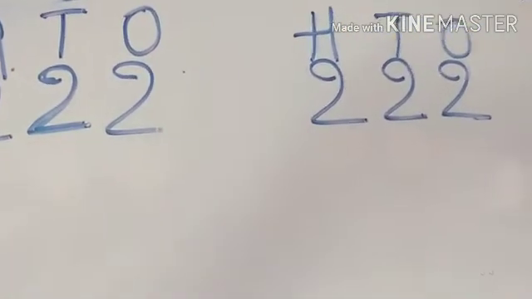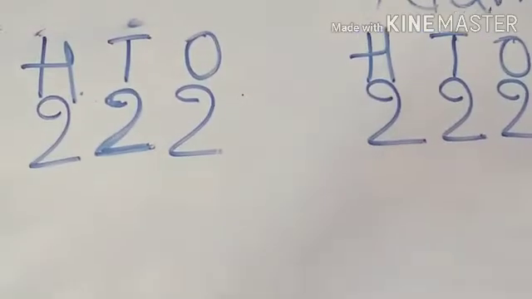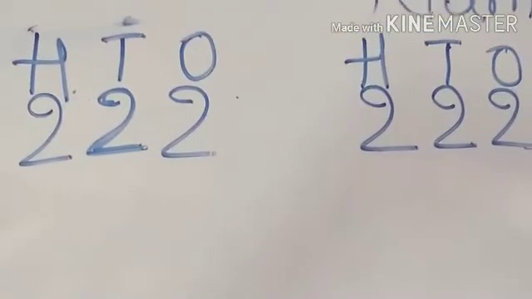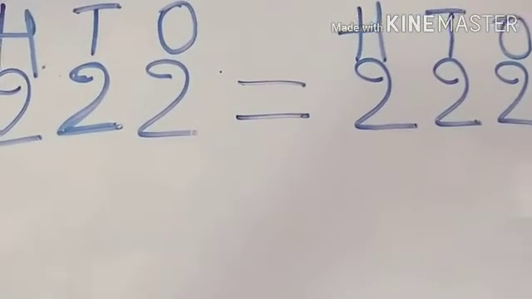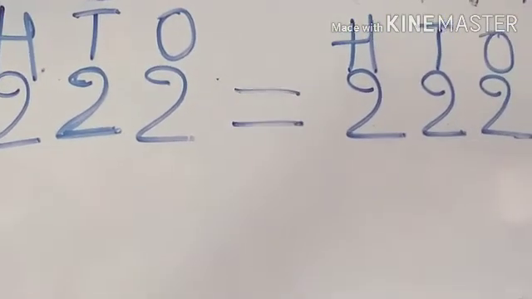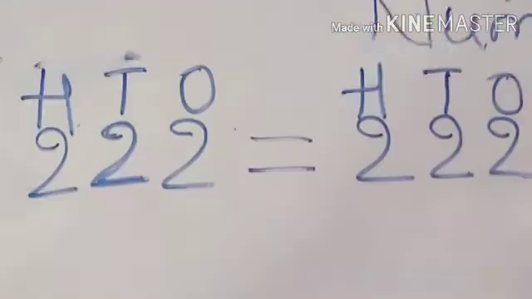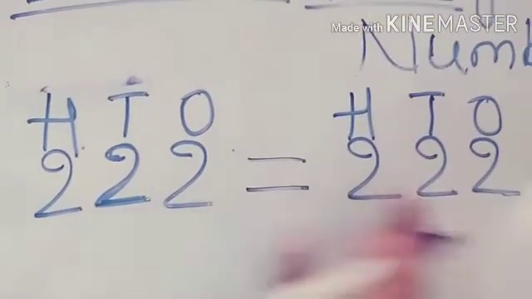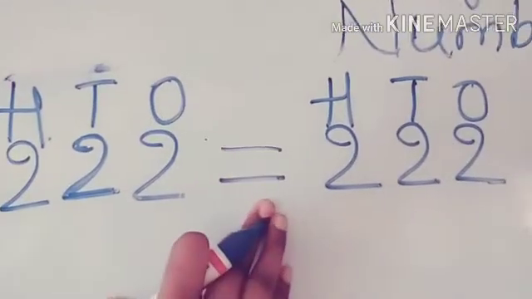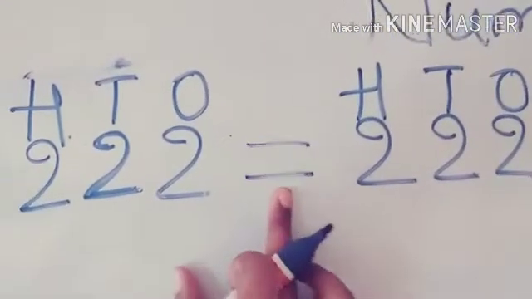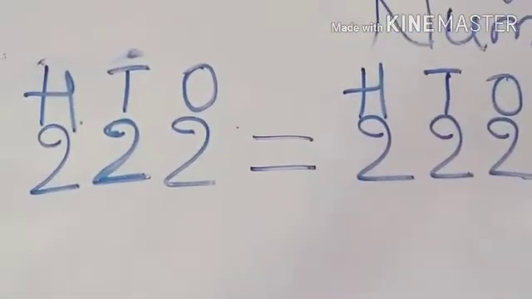In this case we are going to put a equals to sign. This means students, both numbers are equal, so you have to put a equals to sign. This is a equals to sign. Understood children? Okay.